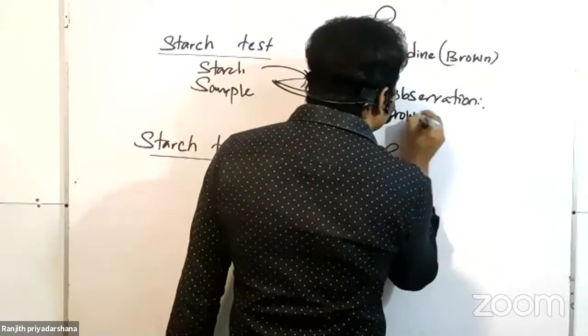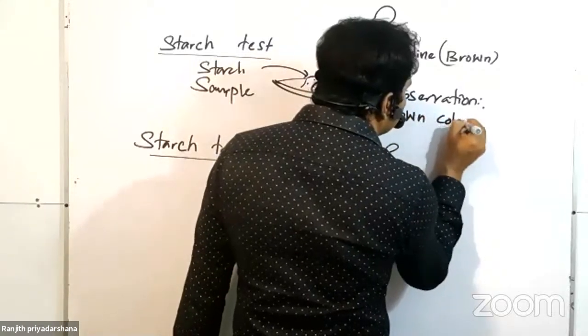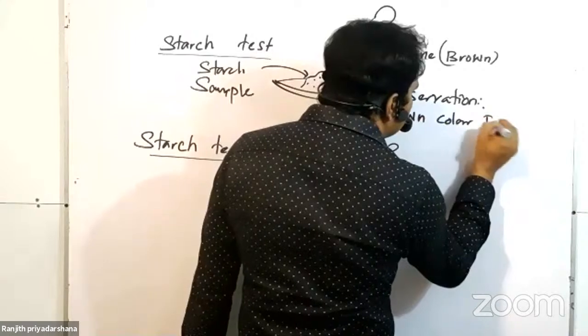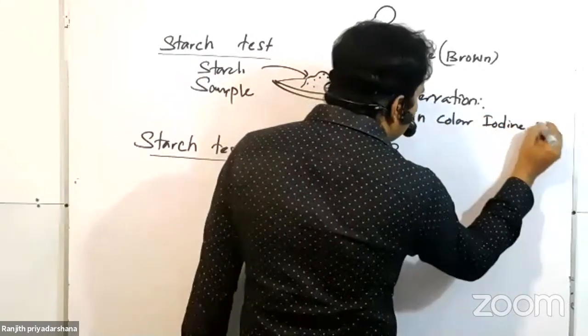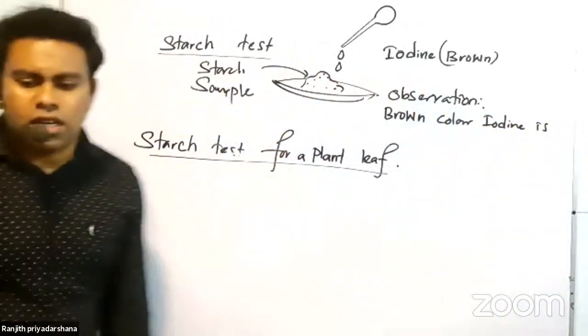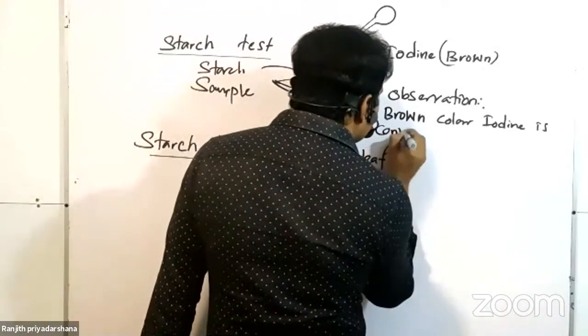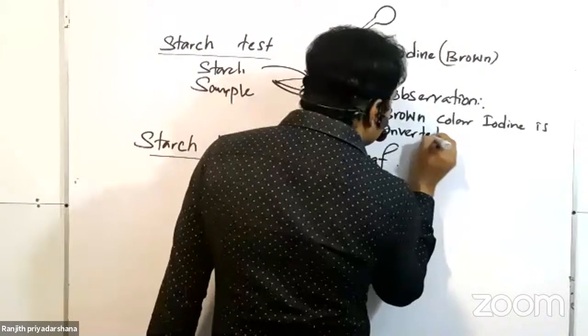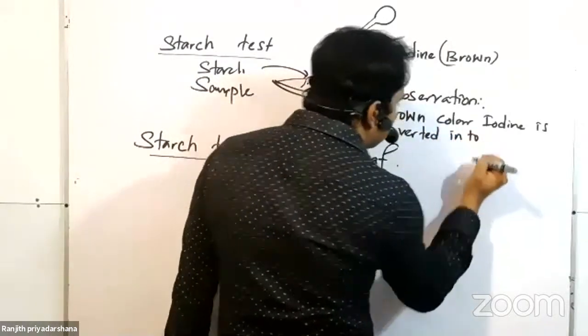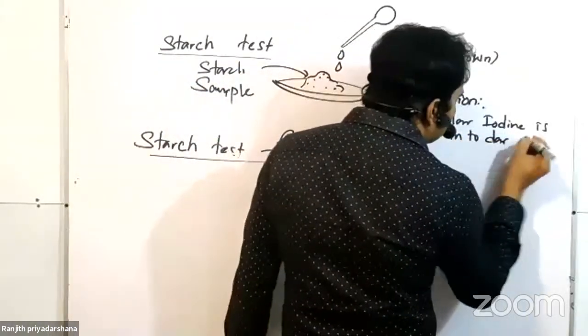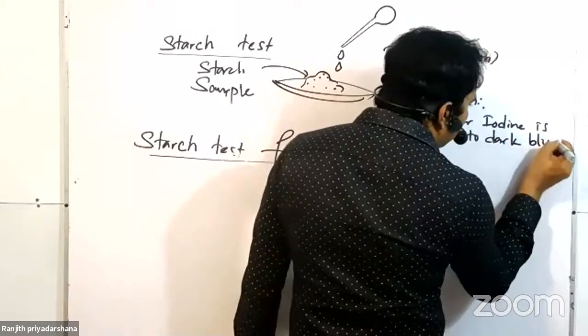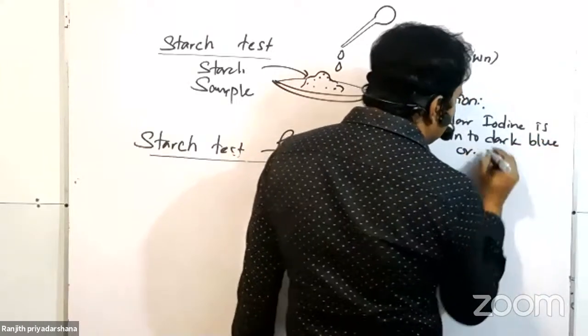Brown color iodine is converted into dark blue or purple.